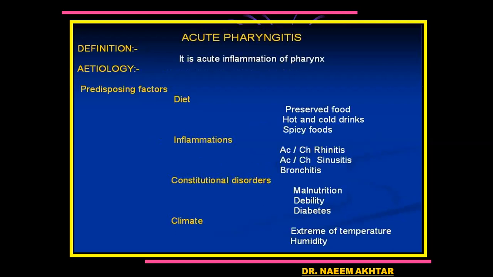First, we take up the acute pharyngitis. Acute pharyngitis is the acute inflammation of the mucous membrane lining the pharynx. As far as the etiology of acute pharyngitis is concerned, there are certain predisposing factors in the form of diet, certain inflammations, constitutional disorders, and climate which predispose the pharynx to acute pharyngitis.